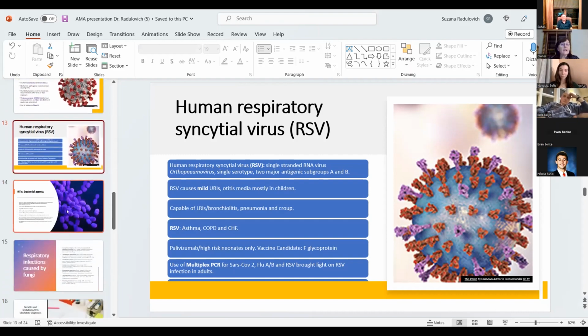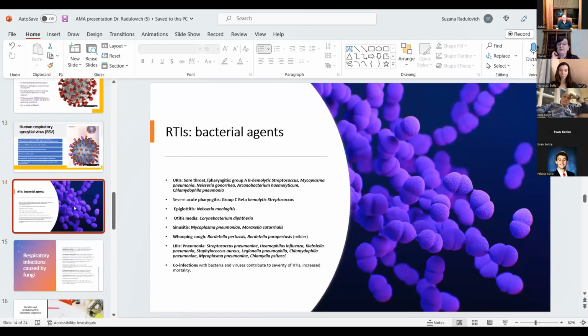Now, let's talk a little bit about bacterial agents. You know that they cause severe acute pharyngitis. We are afraid of beta-hemolytic strep. Neisseria meningitidis can cause epiglottitis. Corynebacterium is often a causative agent of otitis, or ear infection.